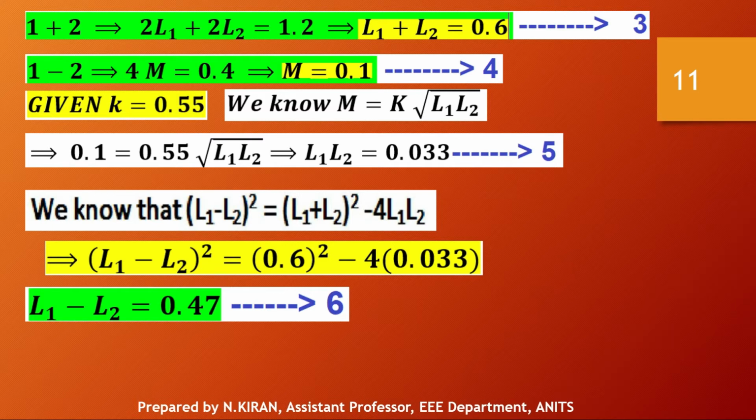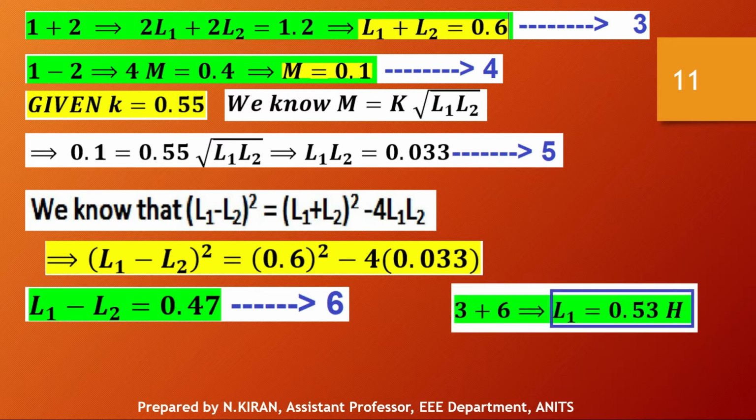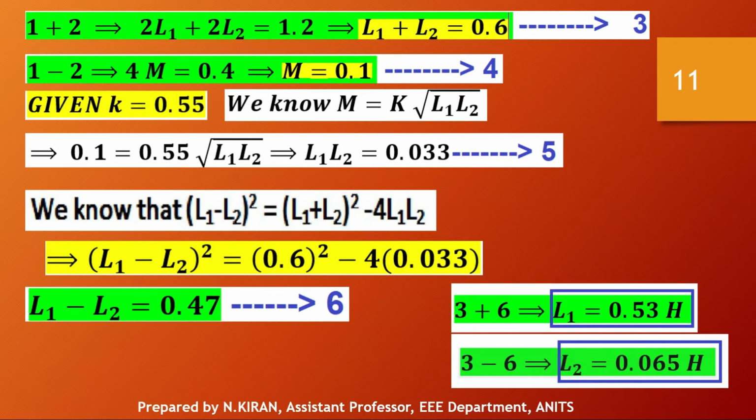So now from third equation I have L1 + L2, and from sixth equation I have L1 - L2. So on adding those two equations, I'll get the value of L1 to be 0.53 Henry, and on subtracting those two equations, I'll get the value of L2 to be 0.065 Henry.